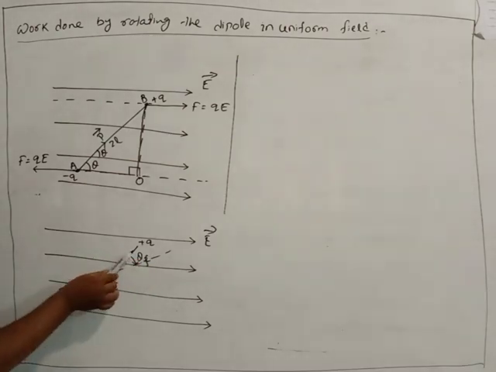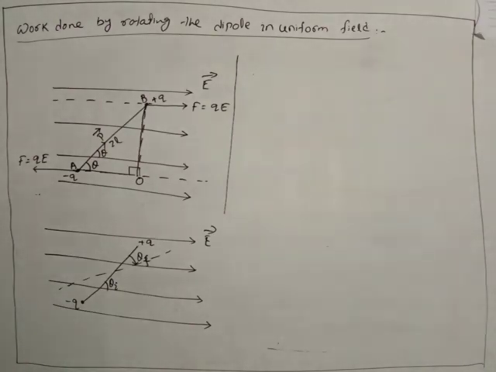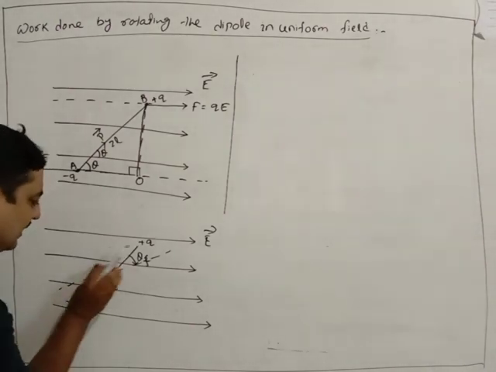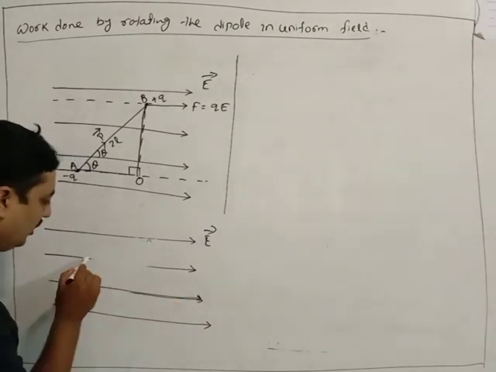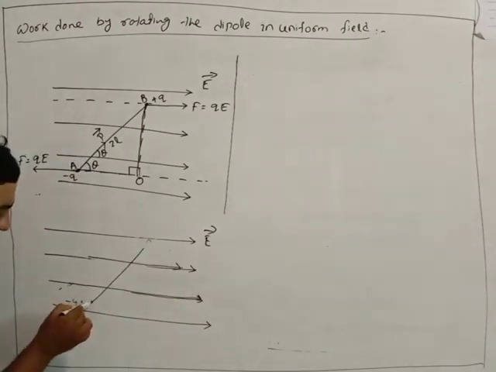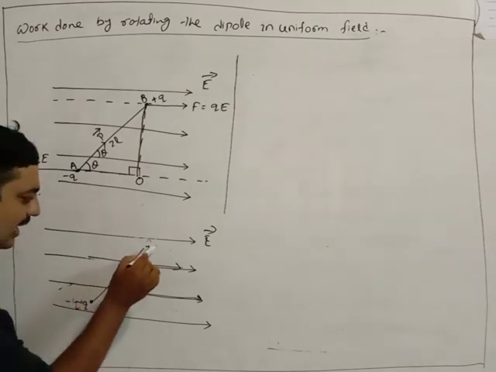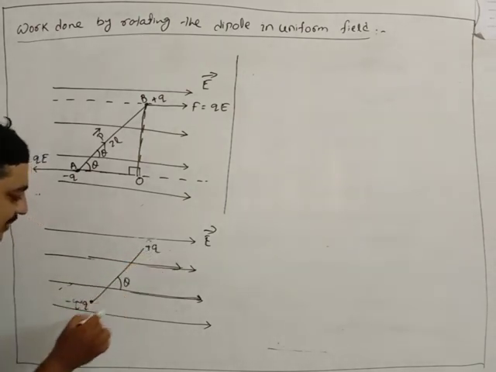Initially it was at theta I position, and I rotated it to theta f position. So let I am rotating the dipole and at any instant it is at an angle theta.